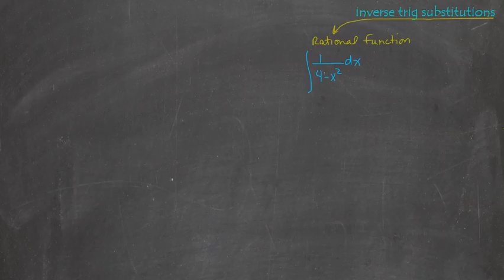And the one that looks like this is written a squared minus x squared. So if you get something in the form of a squared minus x squared, then the substitution you want to use is x equals a sine of theta. You want to use a sine substitution when this form is in your problem.